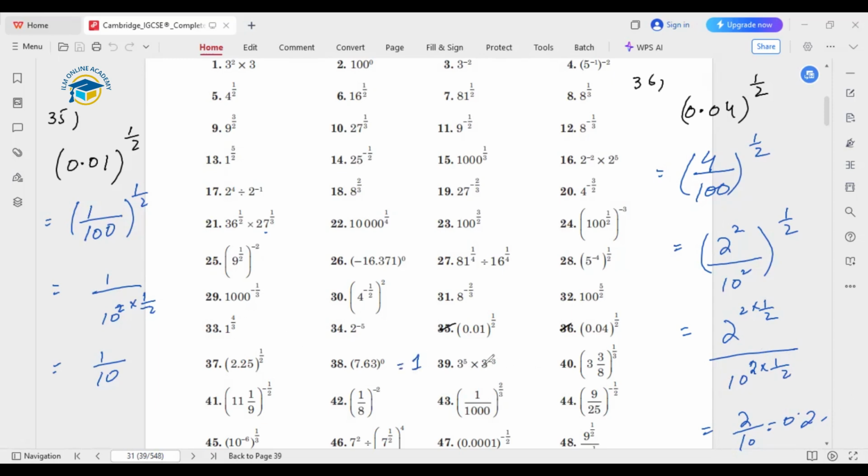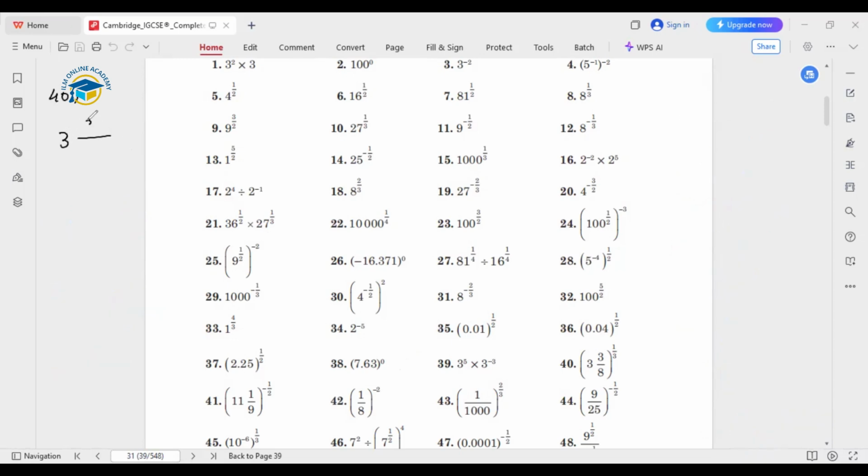Bases are similar, multiplication sign is there, you need to add the powers. Let's go on with how we'll be working with the 40th part. Part number 40, we have 3 into 3 by 8 raised to the power 1 by 3. For this, first you can make it into an improper fraction, as this is in the form of a mixed fraction. So 8 times 3 first, and then whatever number we get, we need to add 3. 8 times 3 is basically 24, and adding 3 to that, it will be 27.